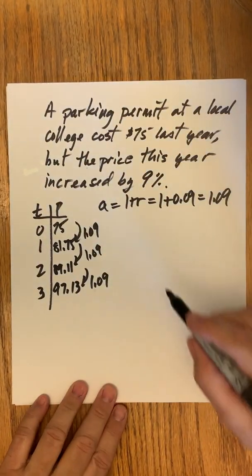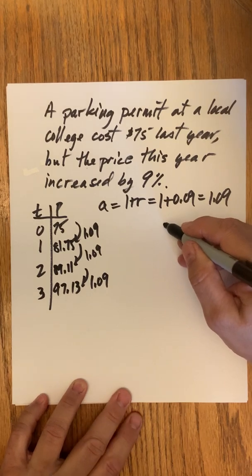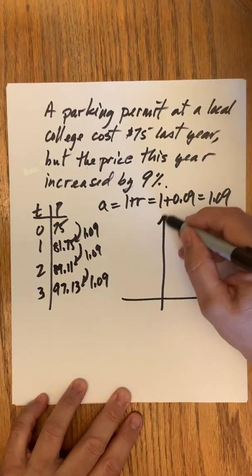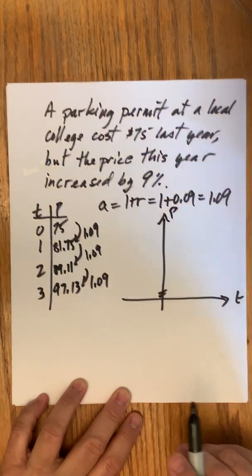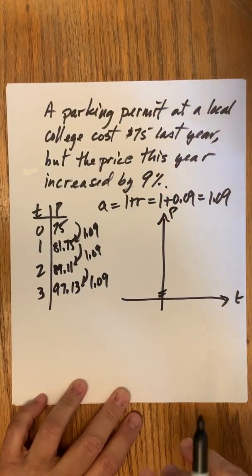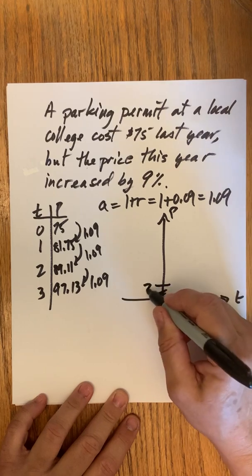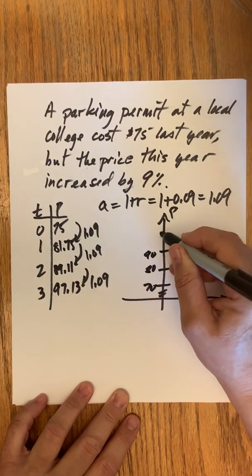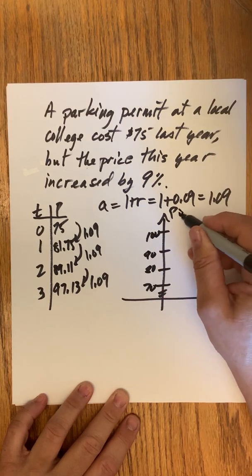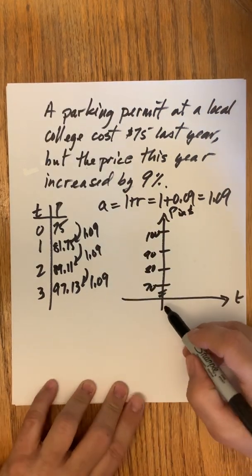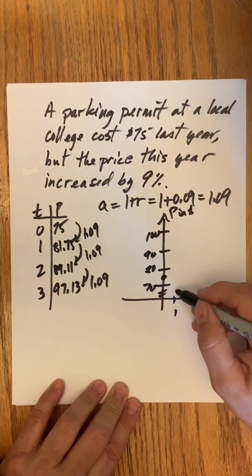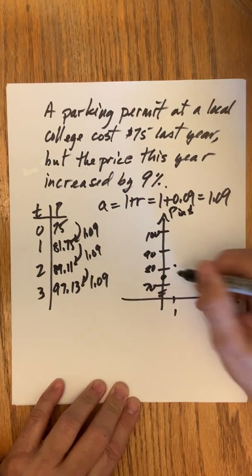And so if you were to graph this, in this case, what I would probably do is a little double hash mark that tells someone, hey, I'm not starting at 0, and I might start here at 70, 80, 90, 100, and this is, of course, in dollars, right? So you start out at 75, 0. Then after year 1, you're at 81 something.